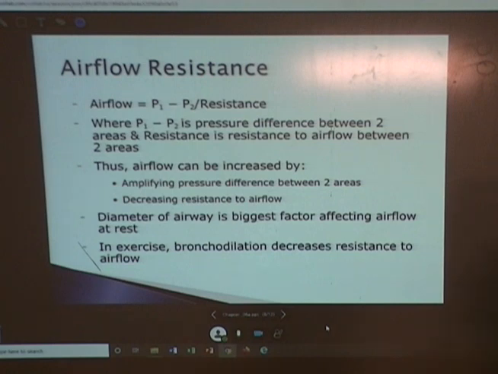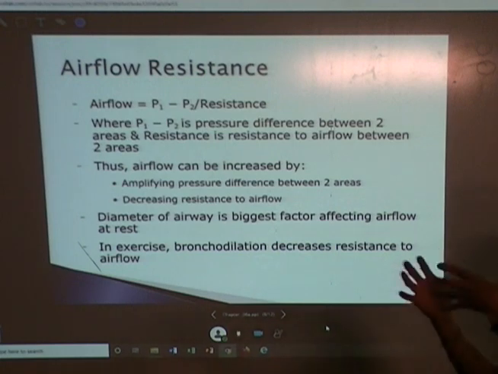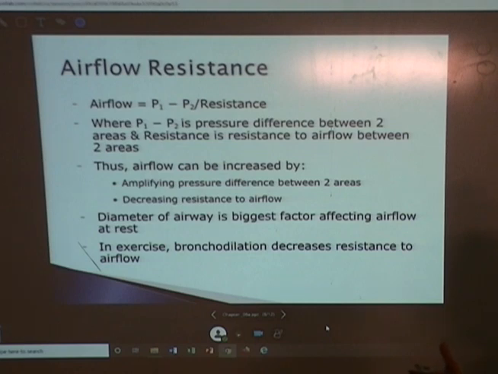And then we start gasping for air, or our chest feels tight, all those kinds of phrases that people use when they have asthma or when they've got allergy problems. Right? I don't feel like I can breathe and get the air in because the bronchodilation gets impaired. Okay?